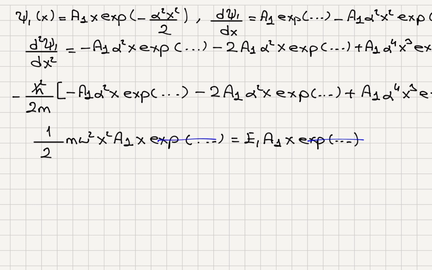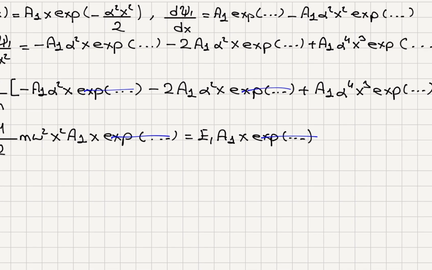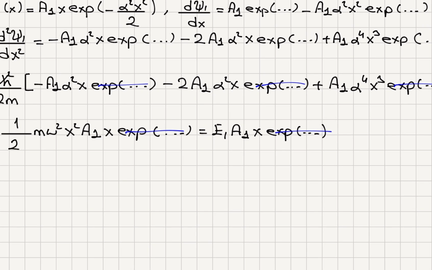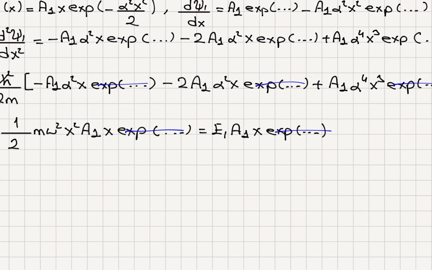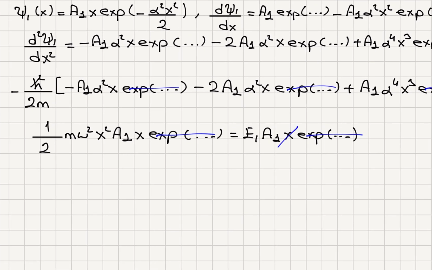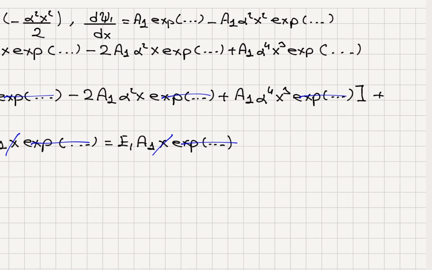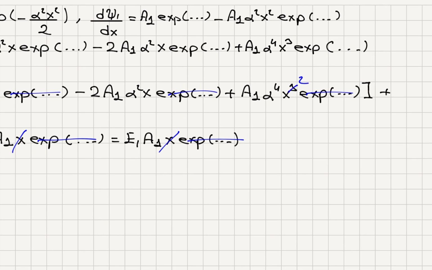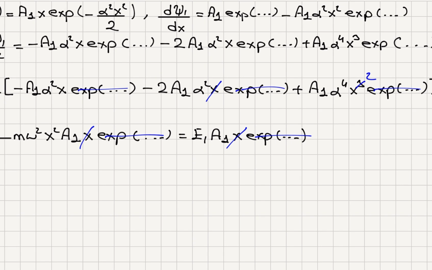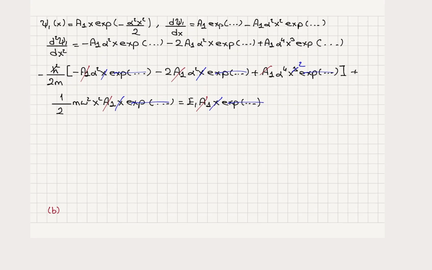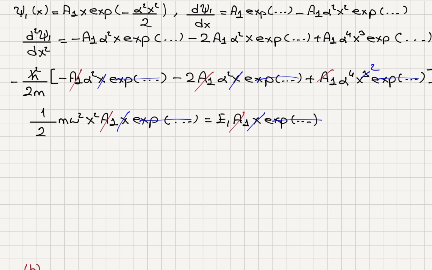Now you can see that the exponential terms will disappear. And then the x's disappear, so this x will get rid of this x, this will make it x squared. This will get rid of this x, and it will get rid of this x. And also the a1's disappear. So let's see what we're left with. We have the first term, alpha squared h bar squared over 2m, minus minus becomes plus.